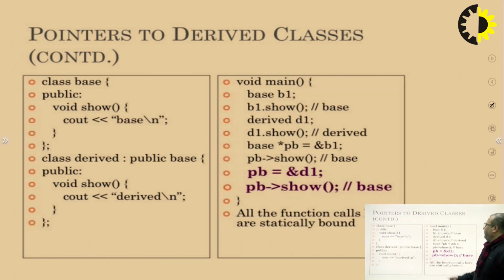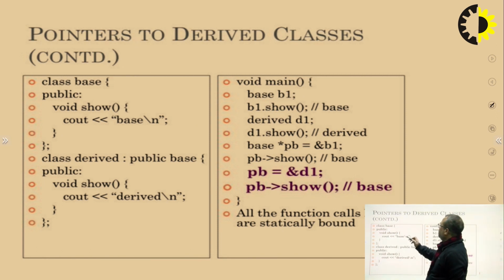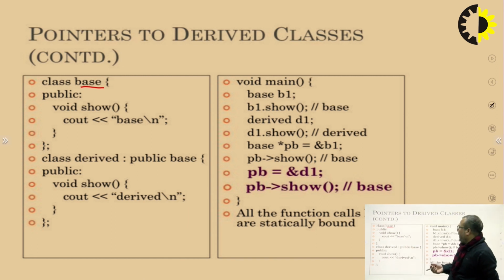Okay. For example, let me explore with some C++ programming. So here is a base class, class Base, and in this we have a function. There is no private data or any other data here.